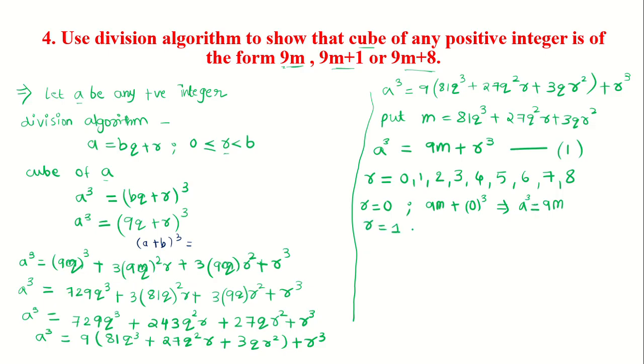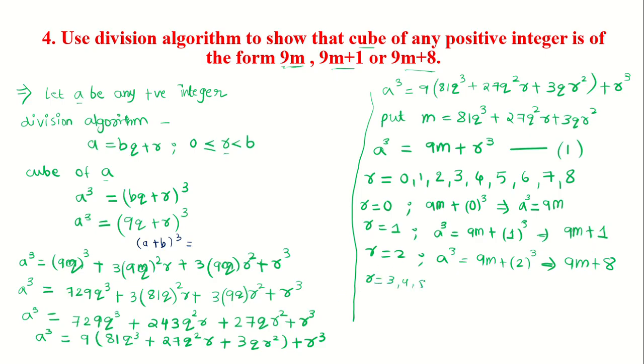When r equals 1, a cube equals (9m plus 1) cube, what will you get? 9m plus 1. When r equals 2, a cube equals (9m plus 2) cube, that is 9m plus, how much is 2 cube? 2 into 2 into 2, 2 twos are 4, 4 twos are 8, so 9m plus 8. Similarly, you can look at r equals 3, 4, 5, 6, 7, 8 in a similar way.